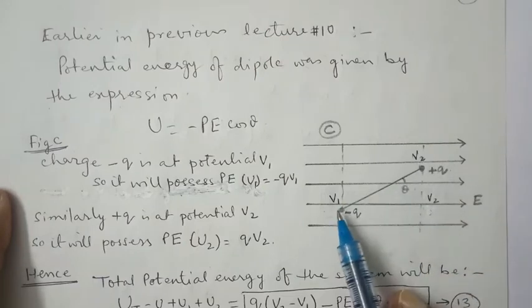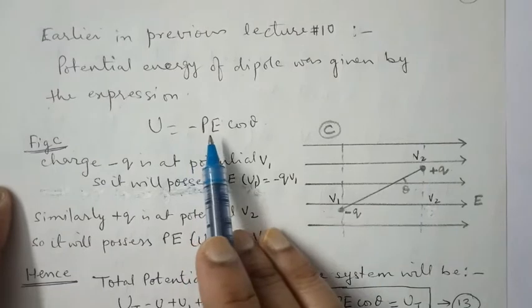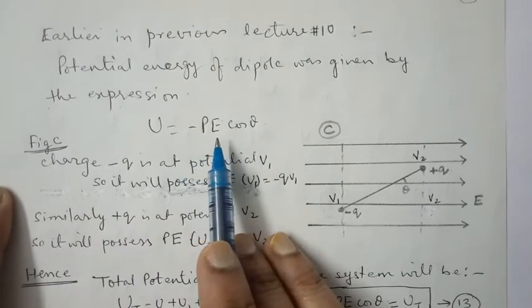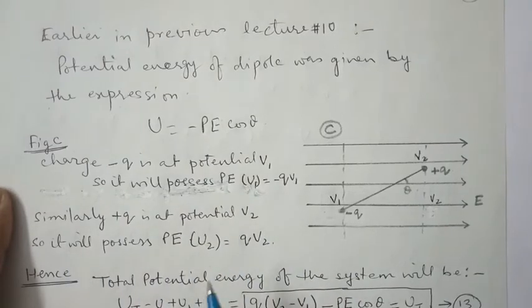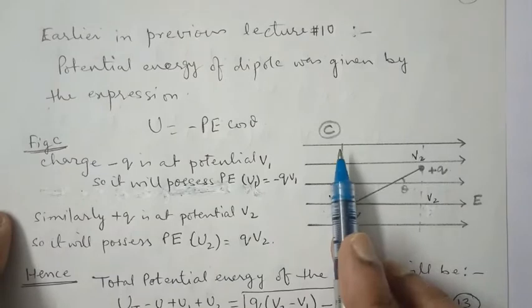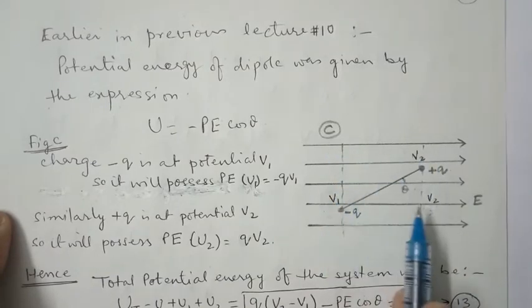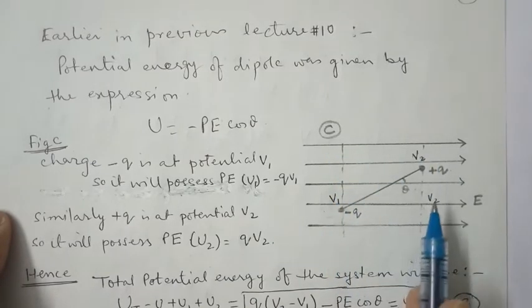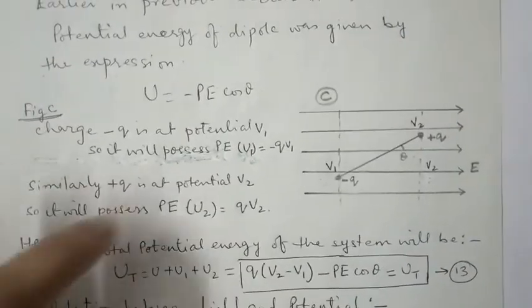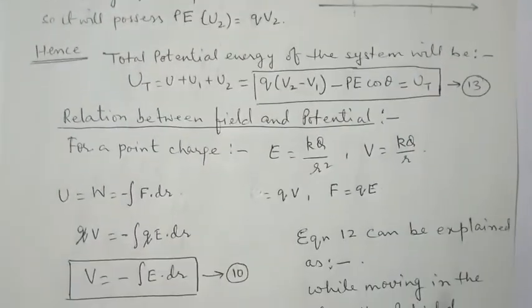In such a case, the potential energy of the dipole is minus pE cos theta. At that time, we had not studied the concept of potential, that's why we did not deal with it in detail. But once we talk about the electric field, we relate it with potential. So first study that, then I'll come back to this point.